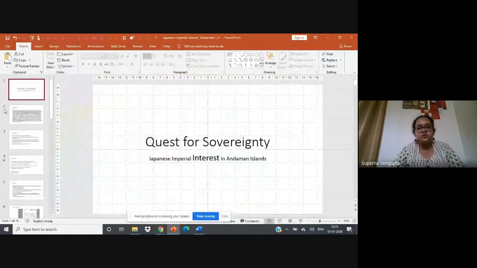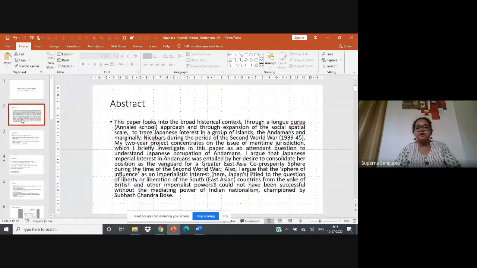As part of my argument, I would like to read the abstract. This paper looks into the broad historical context through a longitudinal approach, that of the Annales school, and through expansion of the socio-spatial scale, to trace Japanese interest in a group of islands, the Andamans and marginally the Nicobars, during the period of the Second World War.